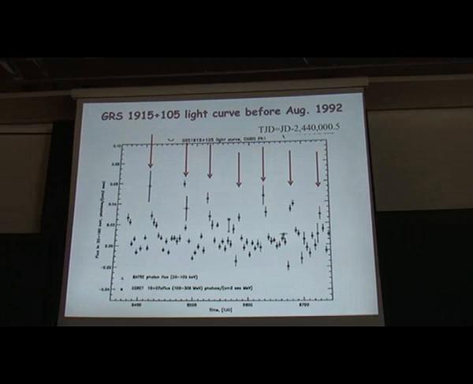And maybe more striking was the result that when we looked back in time, analyzing BATSE data with the help also of the BATSE team, and OSSE data, we found that the source, the superluminal guy, was showing quite a few outbursts 1 year already before the major outburst which led to its discovery.